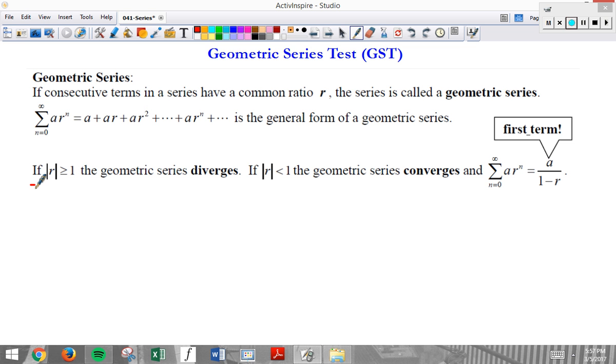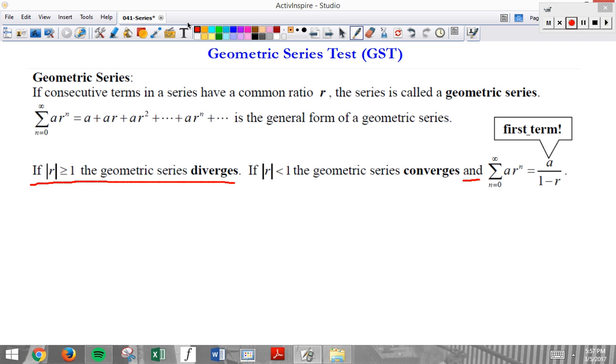Here's the idea. If the absolute value of r is bigger than or equal to 1, the geometric series diverges. It's getting too big too quickly. If the absolute value of r is less than 1, the geometric series converges.